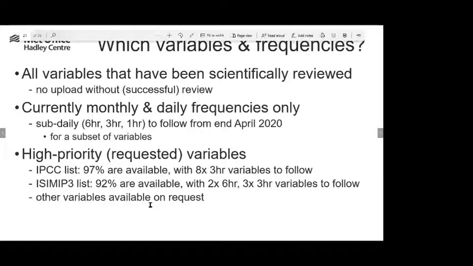There are 8 3-hourly variables to follow, which we'll be putting up starting at the end of this month. There are other lists from other areas of interest. For example, for CMIP6, the impacts community are interested in a different set of variables. We've done 92% of those, and there are a few sub-daily variables to follow as well.